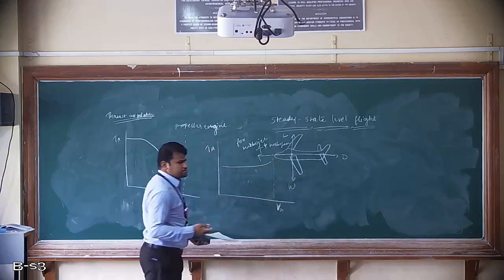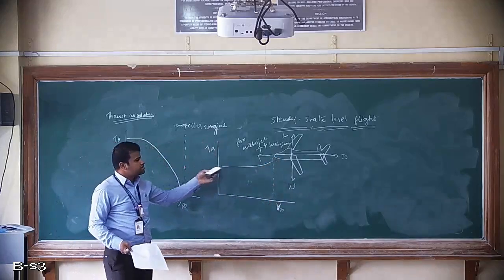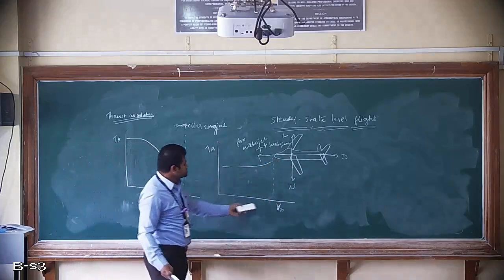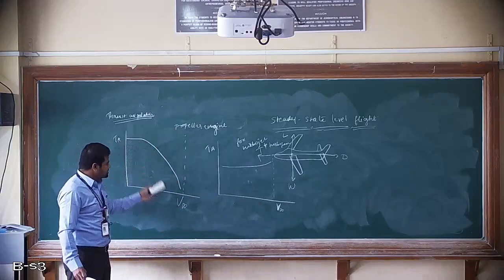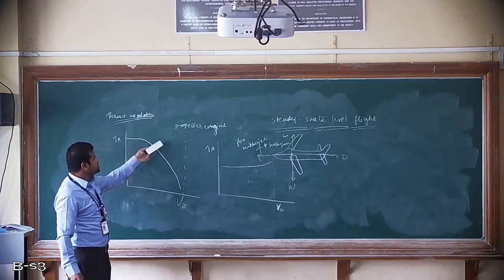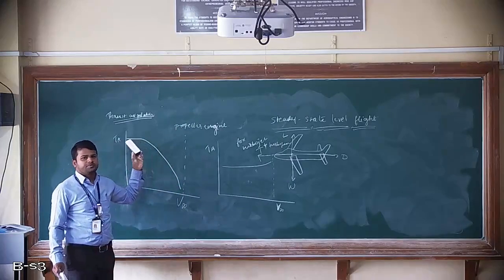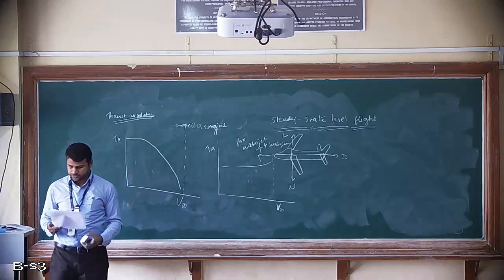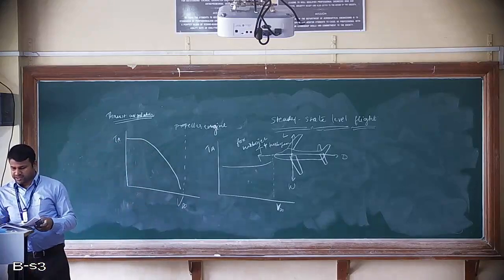It is constant because the engines are designed in such a way that the thrust available curve will remain constant even though you increase the airspeed. Whereas in the case of a propeller engine, the thrust available curve decreases with increase in airspeed, because here the compressibility effect comes into the picture, which the propeller will experience. So now, after that, what is the maximum velocity?